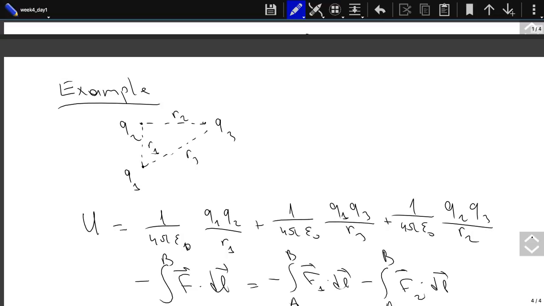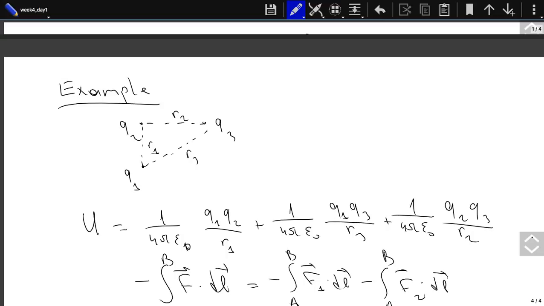Now, what is the definition of infinity? Very, very far away, in a galaxy far, far away. These are point charges. Infinity, how does it relate here between the charges?